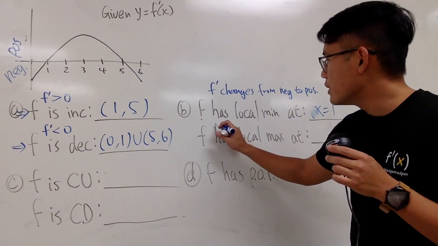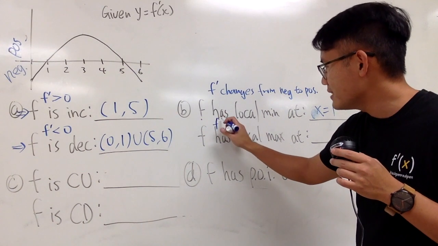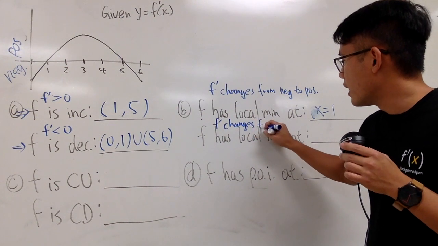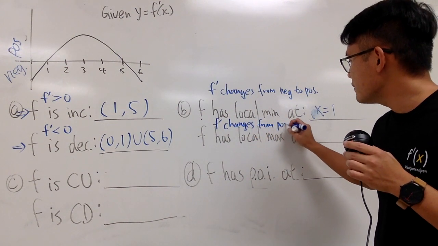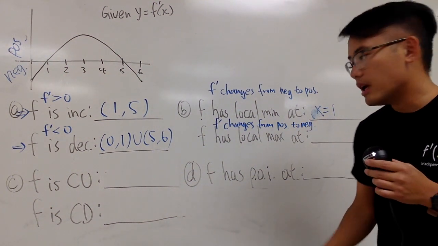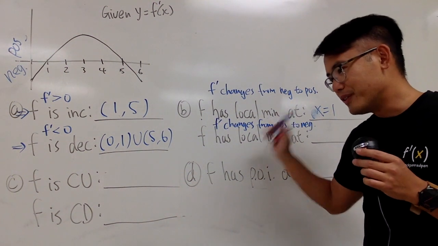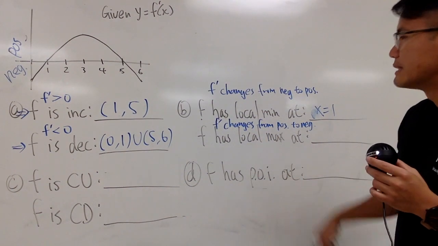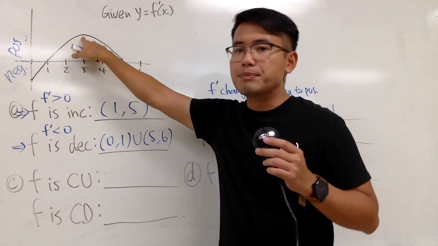So for this situation, we're looking for the case that f prime changes from positive to negative. This right here is perhaps one of the most common mistakes because people see local maximum and then they just go ahead and pick the highest point right here.